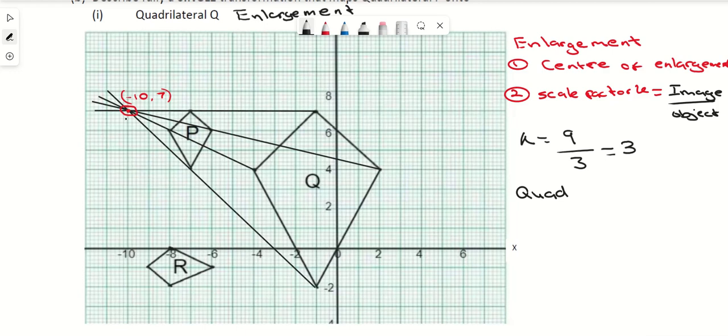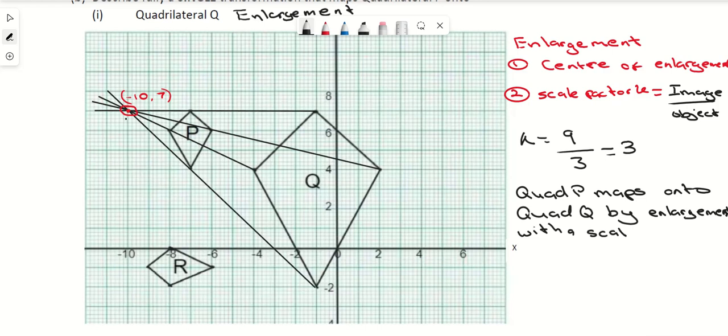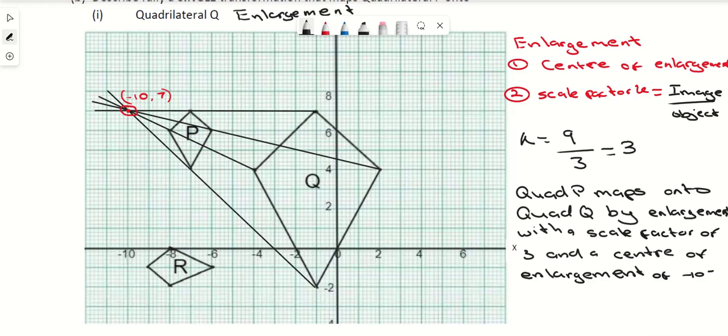Quad P maps onto quad Q by enlargement with a scale factor of 3 and a center of enlargement of -10, 7.